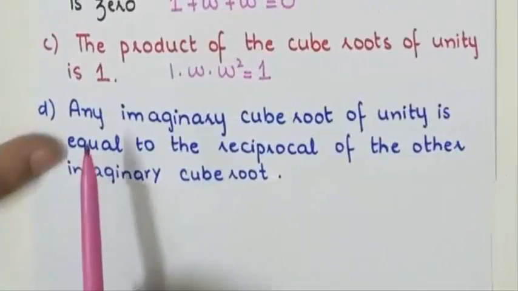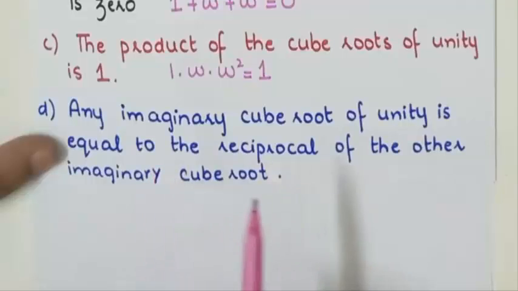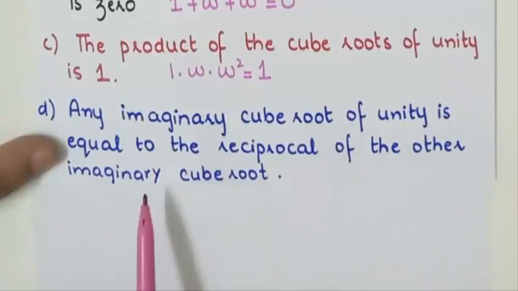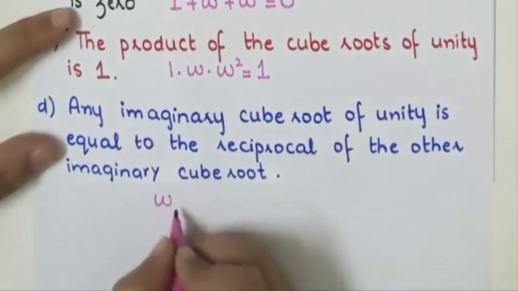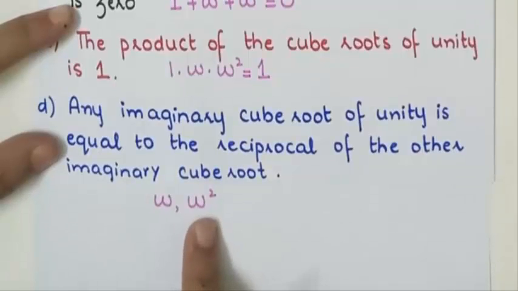And the last one is any imaginary cube root of unity is equal to the reciprocal of the other imaginary cube root. So omega and omega square are the two imaginary cube roots, and they are the reciprocal of each other.